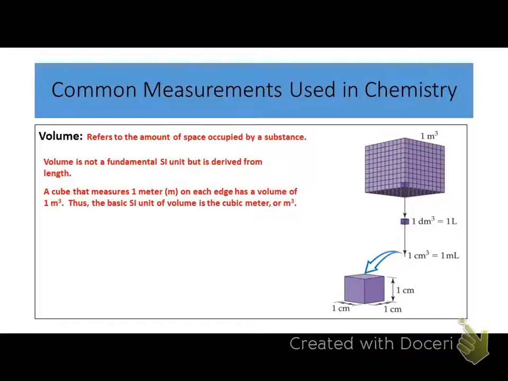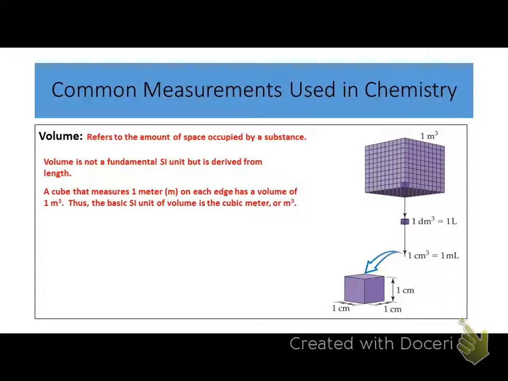Alright, let's look at volume. As far as the definition of volume, it basically refers to the amount of space that is occupied by a substance. The amount of space something takes up.